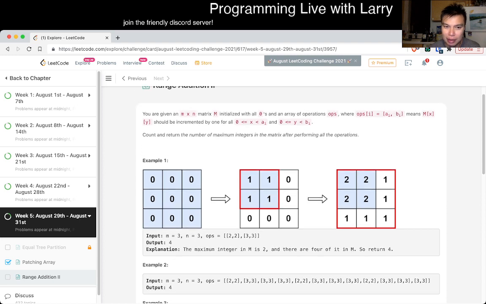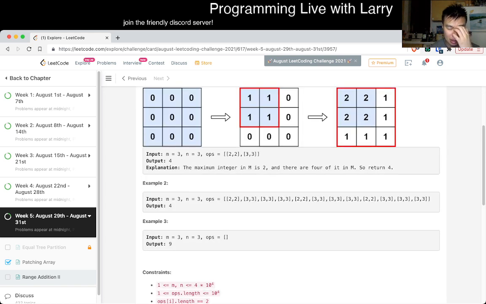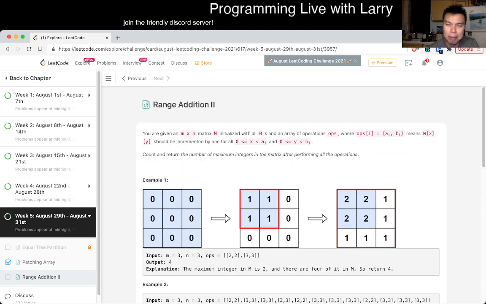Okay, you start with all zeros. Number of maximal integers. The problem we did maybe last week or a couple of weeks ago, you kind of get the union of stuff, right?